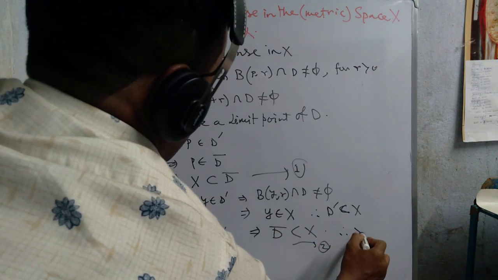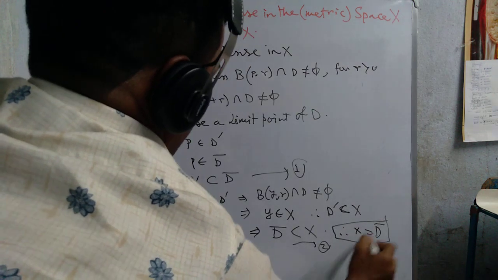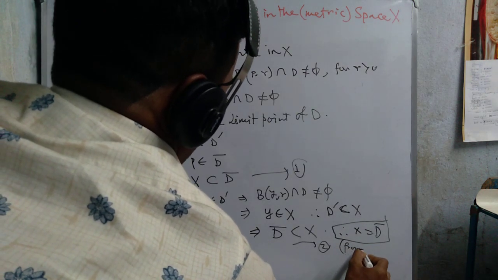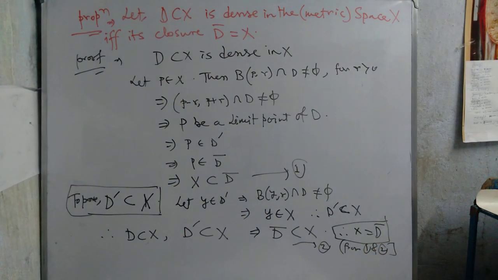Then we get X equal to D closure from 1 and 2. Understand or not? I think this is easy to understand. Okay, we are done with this one.